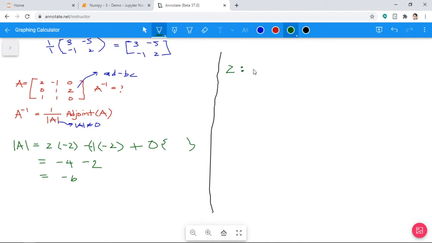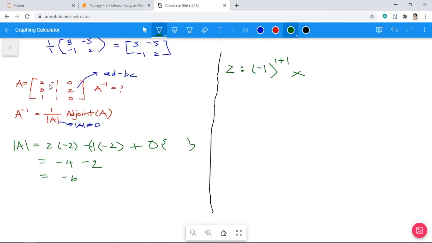So again, we have -1. This is row 1, column 1, meaning 1 plus 1, times this square. 1 times 0 is 0. So 2 times minus, look at this one, AB minus BC.